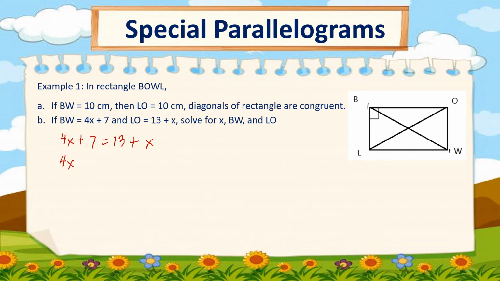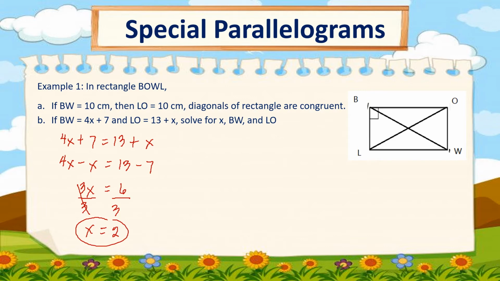Combine like terms, we have 4x minus x and then 13 minus 7. 4x minus x is 3x, 13 minus 7 is 6. Divide both sides by 3, x is equal to 2.